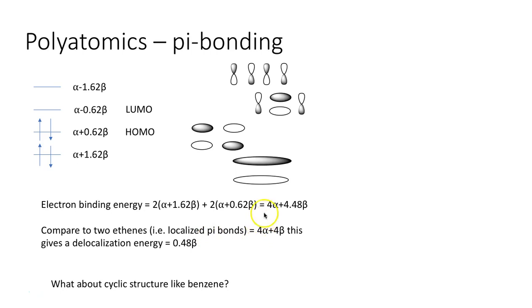Put 2 of them together, we get 4 alpha plus 4 beta, right? And notice this is smaller than this. And so the excess that we calculate based on this is our delocalization energy. So we get 0.48 extra beta because these pi orbitals interact over multiple carbon centers.